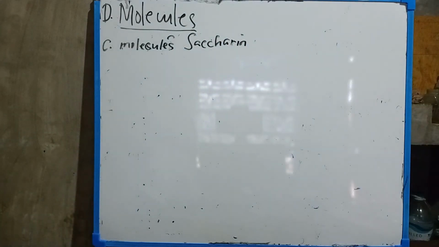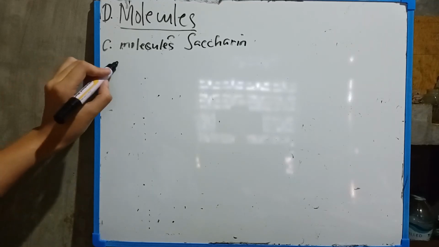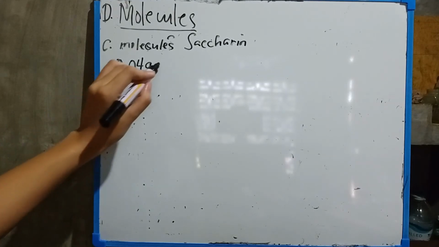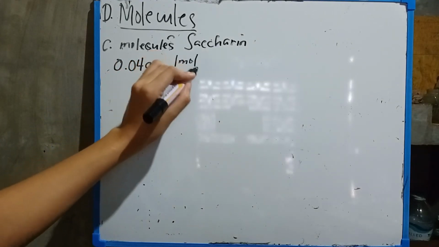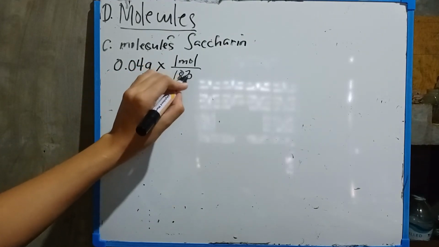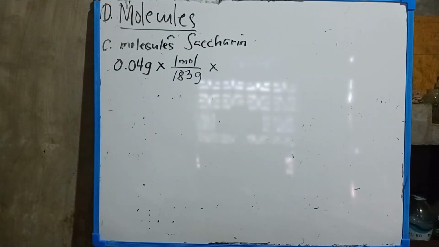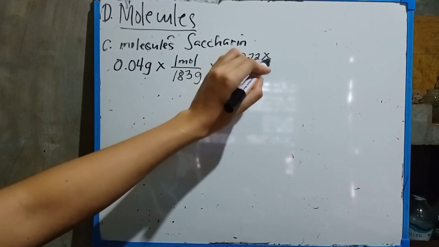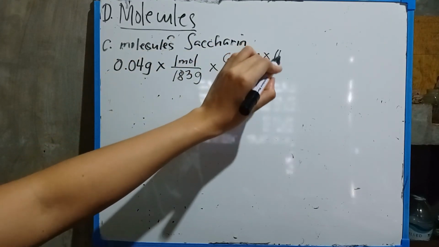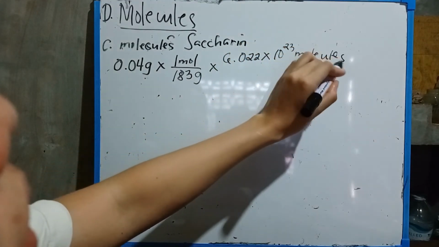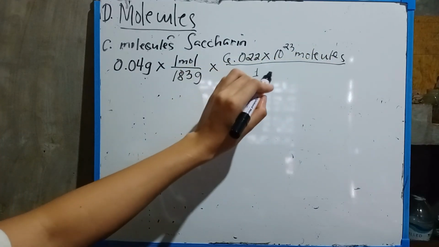Since we have our molar mass of the compound, and also we have our mass, 0.04 grams multiplied by 1 mole over our molar mass, which is 183 grams, and then multiply by our Avogadro's number, which is 6.022 times 10 raised to 23 molecules over 1 mole.